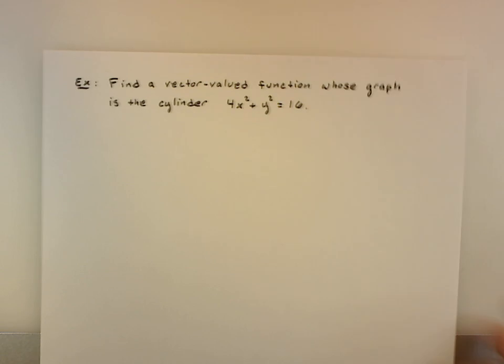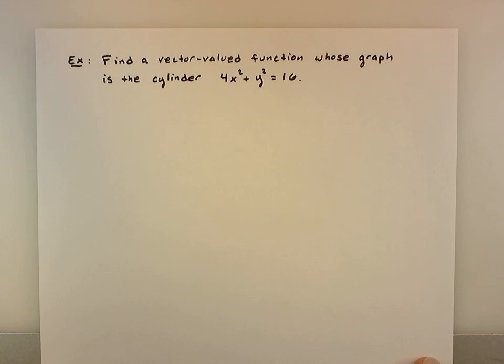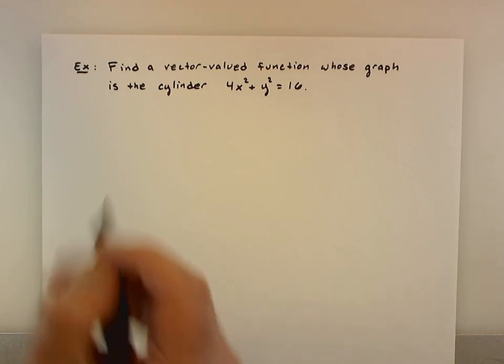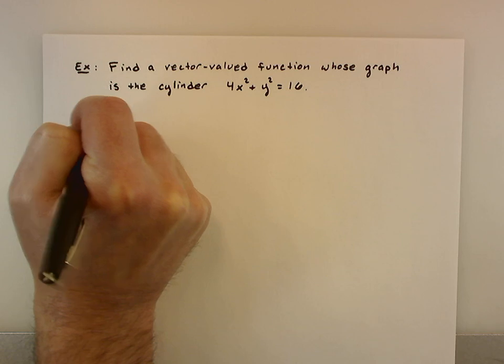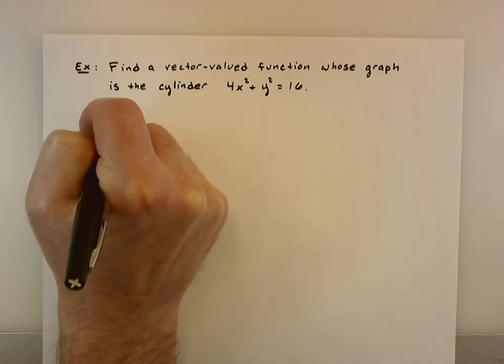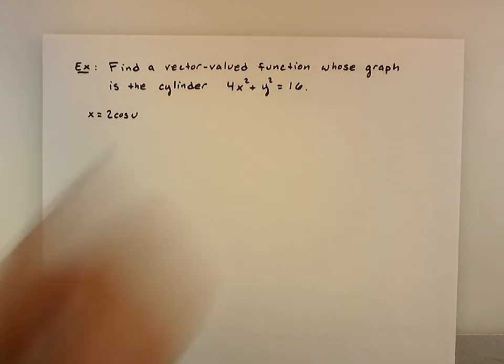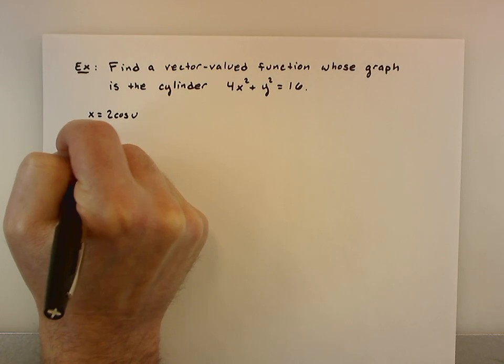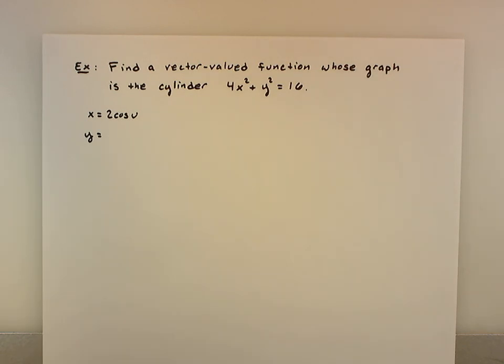Example. Find a vector valued function whose graph is the cylinder 4x squared plus y squared is equal to 16. If I let x equal 2 cosine u, and I'll let y equal 4 sine u.